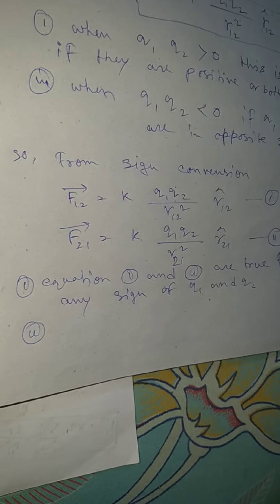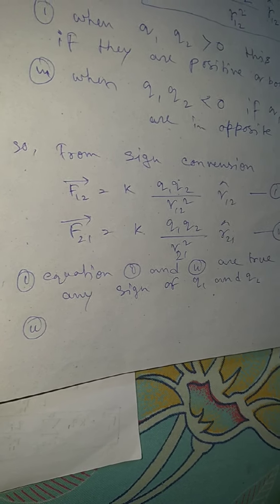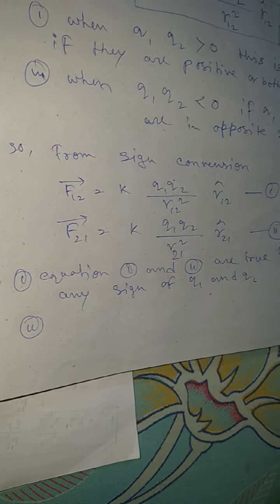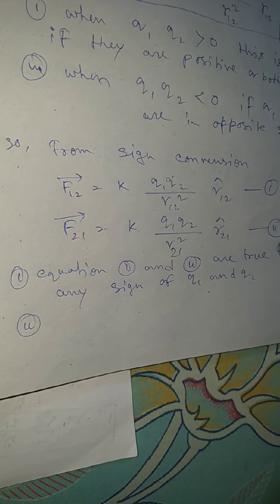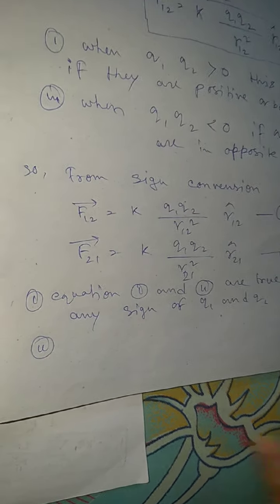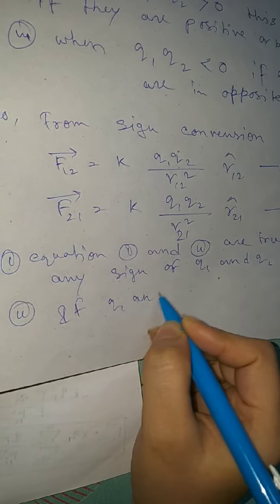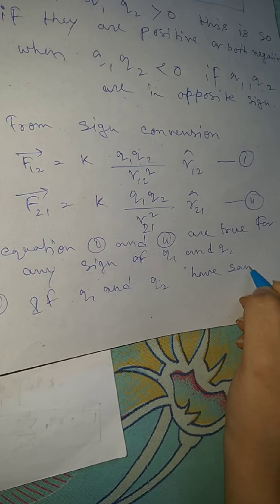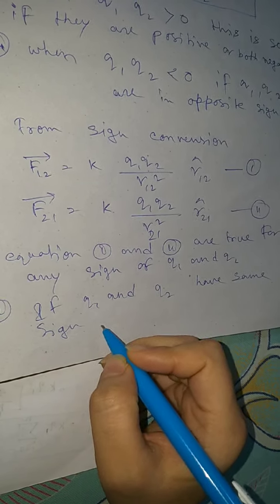If Q1 and Q2 have the same sign, then the product of Q1 and Q2 is positive, and F12 vector is along R12 cap and F21 vector is along R21 cap. So forces are repulsive in nature.